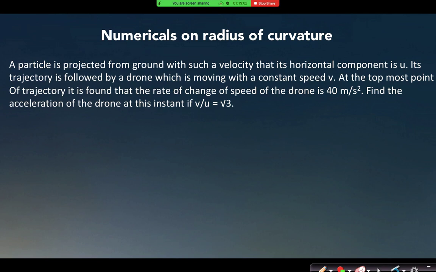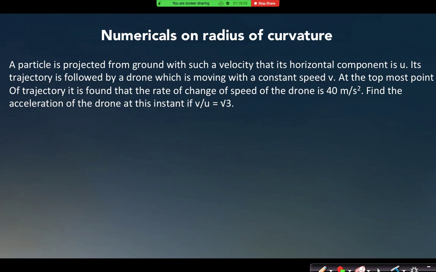Here first we said that the drone is moving with constant speed v, and then that the rate of change of speed of the drone is 40 meter per second square. So what does this mean?